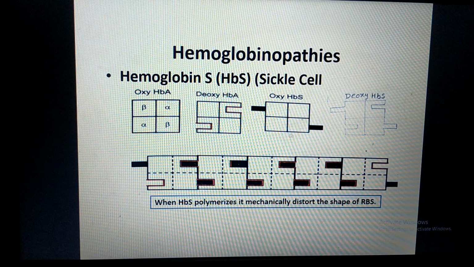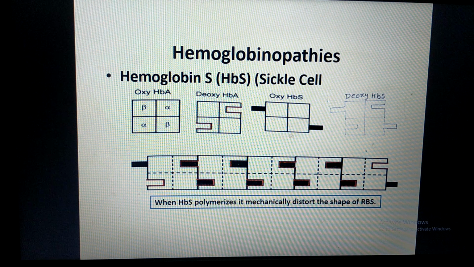These protrusions are called sticky patches. Now, when these deoxyhemoglobin monomers come close to each other, the protrusions of one molecule of deoxyhemoglobin S fit into the cavities of another molecule of deoxyhemoglobin S, and in this way they polymerize.